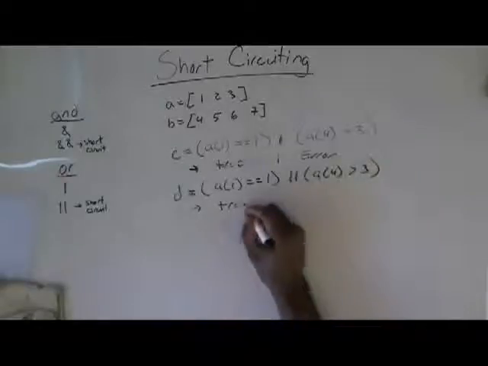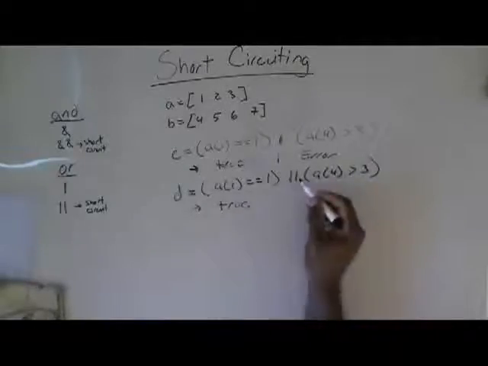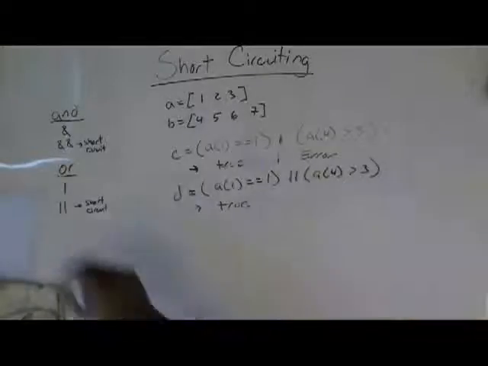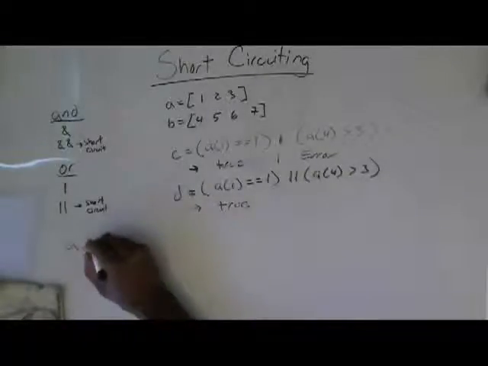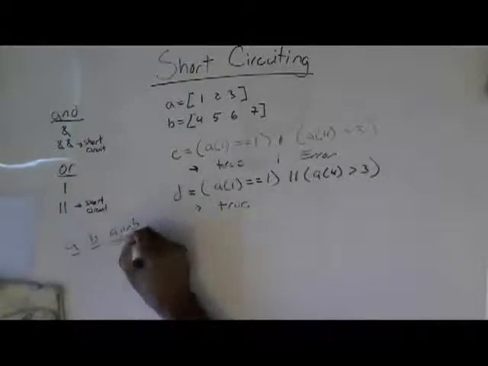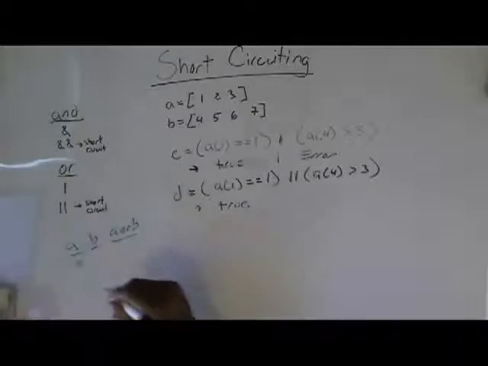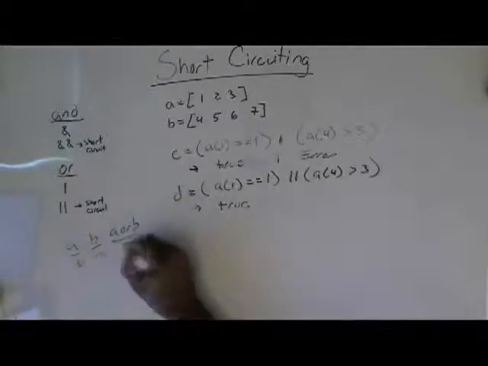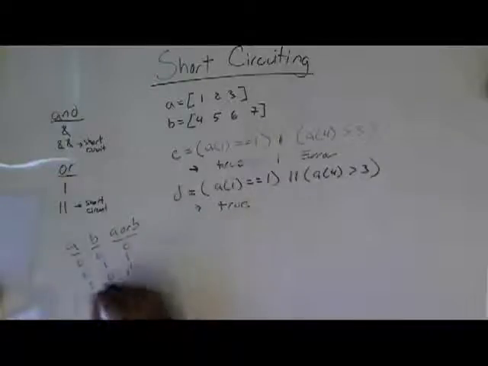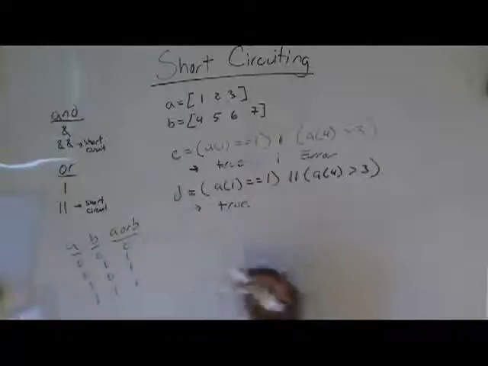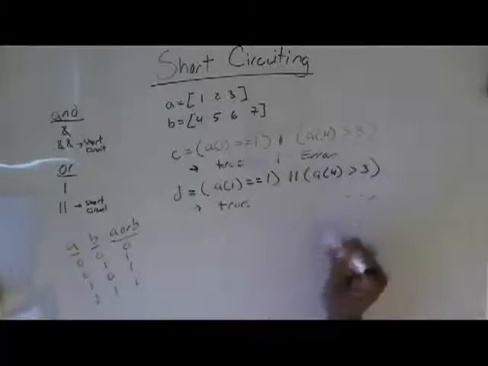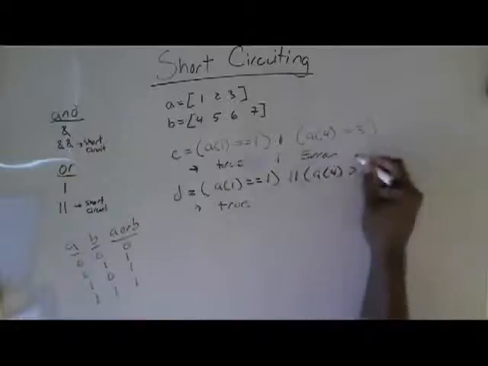So this will evaluate to true, and because this is short circuited with an OR statement, remembering the truth table for an OR statement, I guess I'll put that down here: A, B, A or B, 0, 0 is false, it's true, it's true, it's true. So remembering that, once I get a true, the statement's true regardless. So I don't need to evaluate this, so the error will never happen.